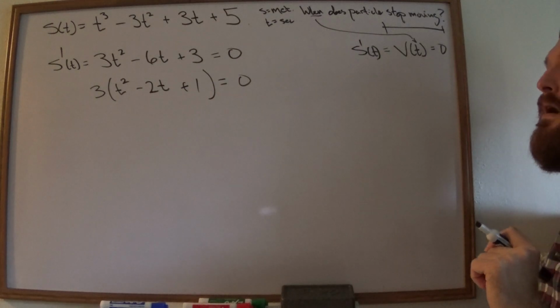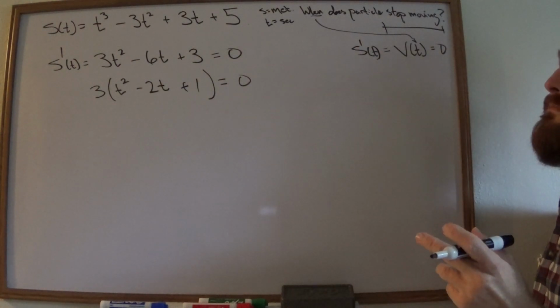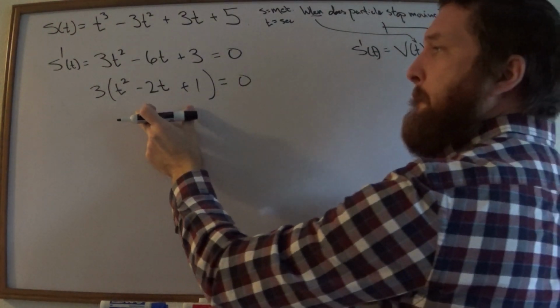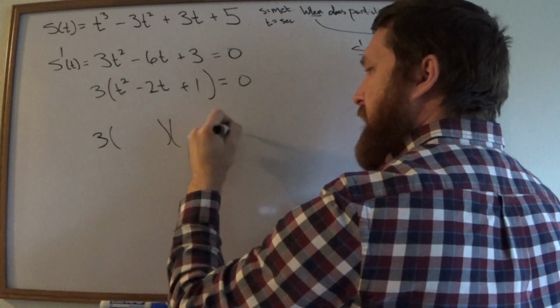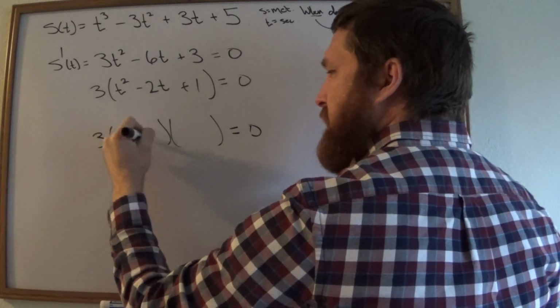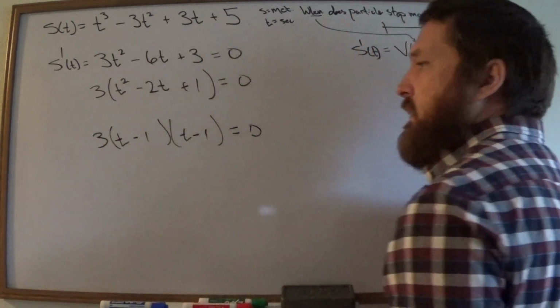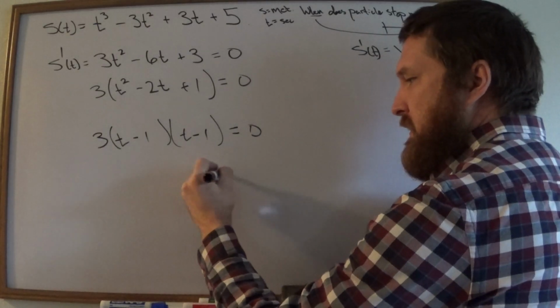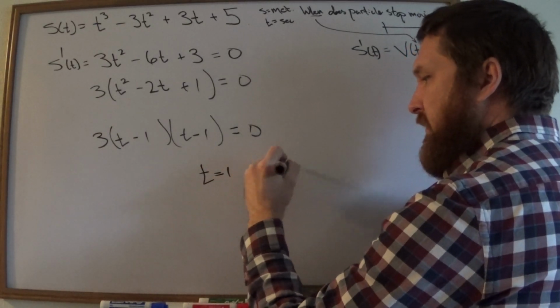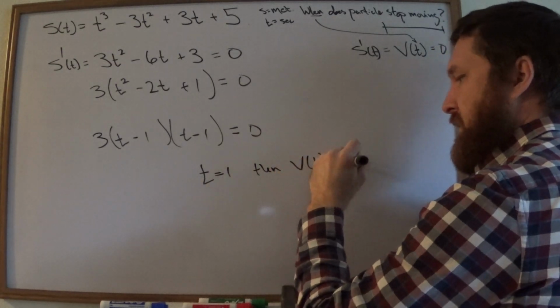And so now what? You can factor that. It's t minus 1, t minus 1. So we have a t minus 1 and a t minus 1. So what's my answer? t equals 1. When t equals 1, then velocity is equal to 0.